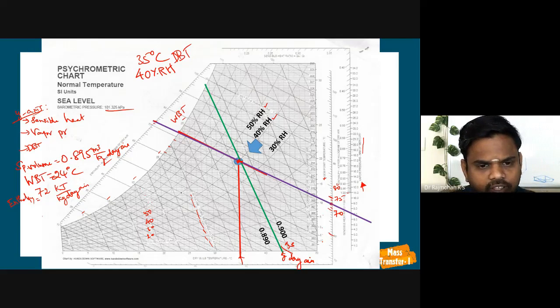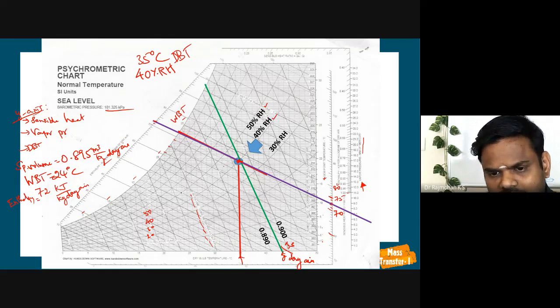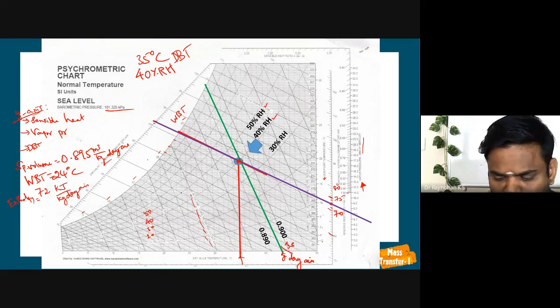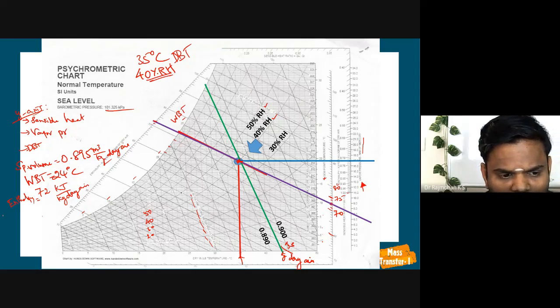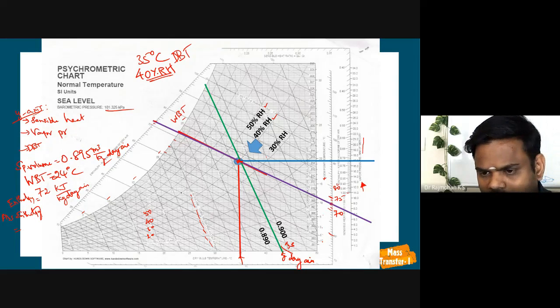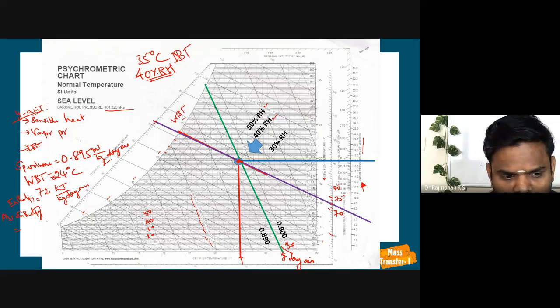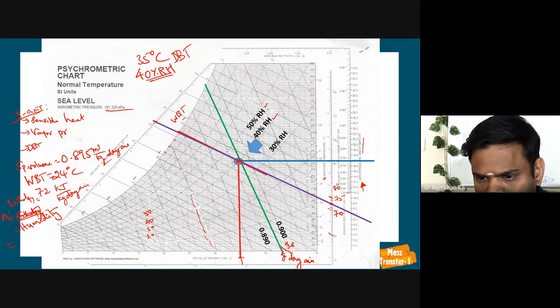Okay, next what can we get? Dew point temperature, right? And even absolute humidity, since percentage RH is given. So we can get the absolute humidity value along the y-axis.